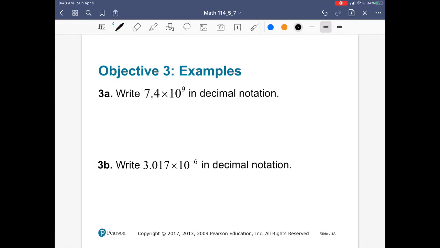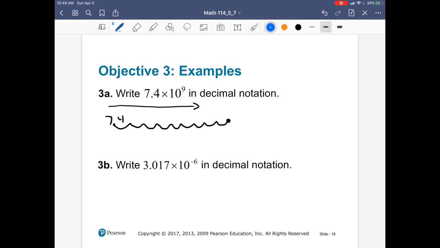So if we have 7.4 times 10 to the power of 9, that means I have 7.4, and I'm going to move this decimal 9 times to the right. So this becomes 1, 2, 3, 4, 5, 6, 7, 8, 9.